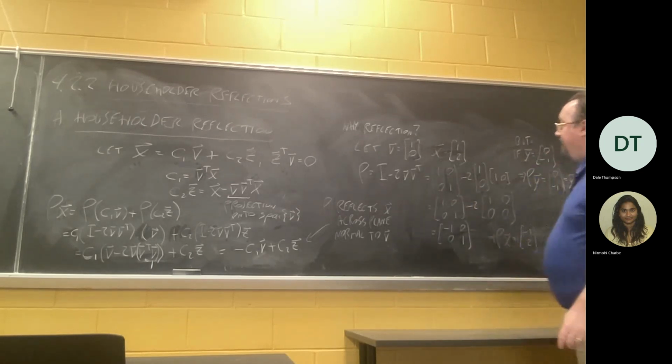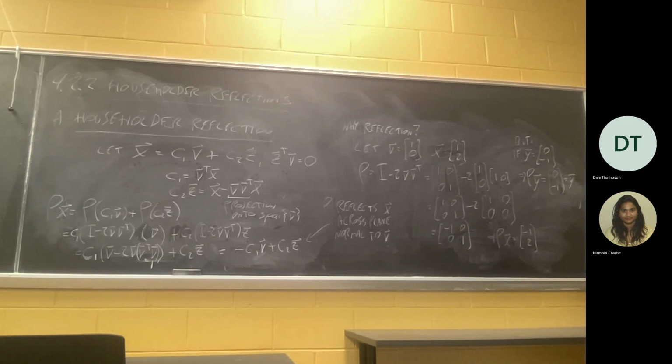Here, v is pointing in the x direction. But what happened with this vector here, the x component got negated. In other words, if I draw this, we had 1, 2 originally. So this is x coming from the origin. And then Px is over here. It got reflected across the y-axis that is orthogonal to v.